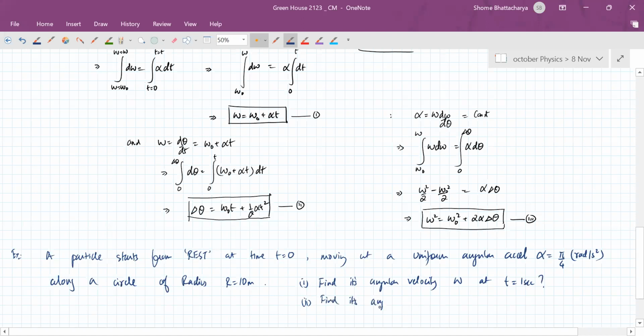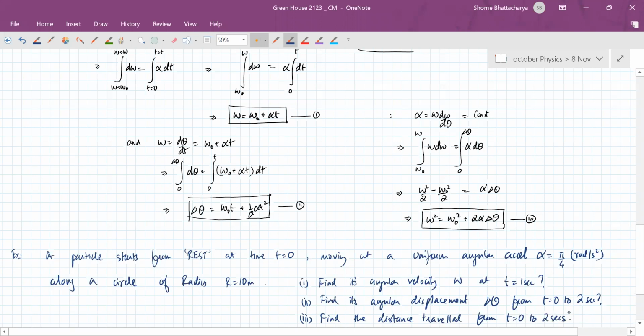Find its angular displacement from 0 to 2 seconds, and find the distance traveled from 0 to 2 seconds.